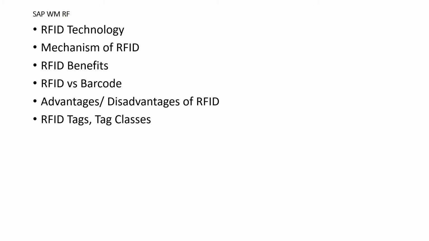Let's take the example of the Walmart RFID mandate. In June 2003, Walmart announced that it would require its top 100 suppliers to put RFID tags on all shipping crates and pallets by January 1, 2005. This would be expanded to its next 200 largest suppliers by January 1, 2006.